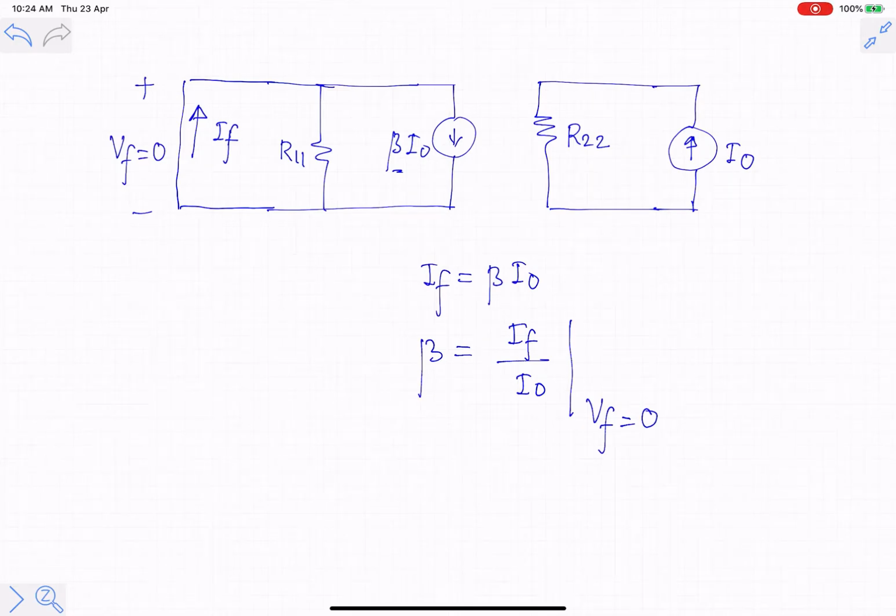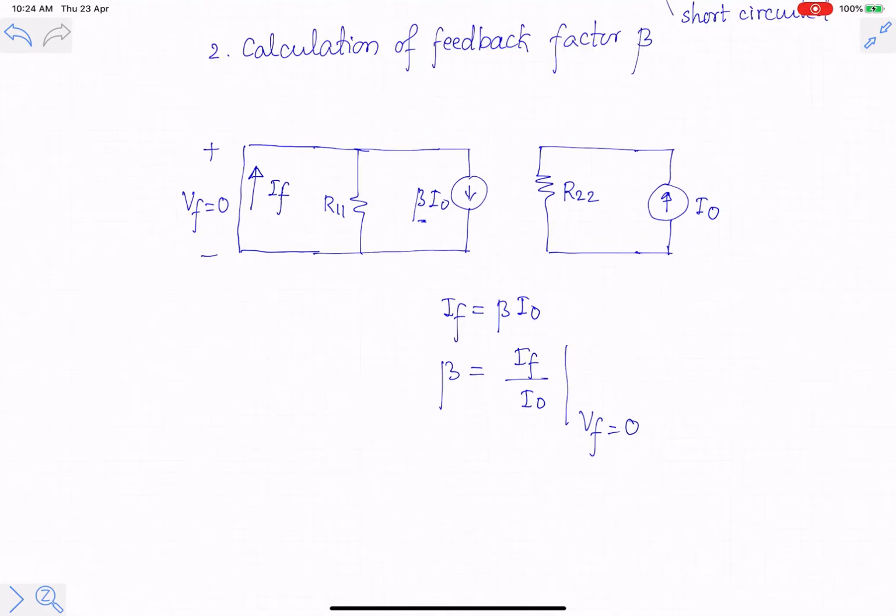In this configuration, the IF by IO ratio will give us the feedback factor beta. Okay, so this is the way by which we calculate the feedback factor. Remember that the feedback current and the output current, that is IO, should always flow into the circuit. So by this method we will calculate the feedback factor beta.